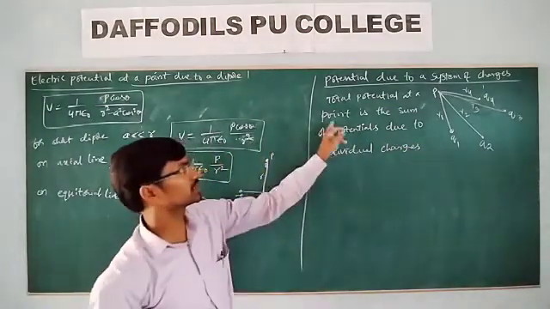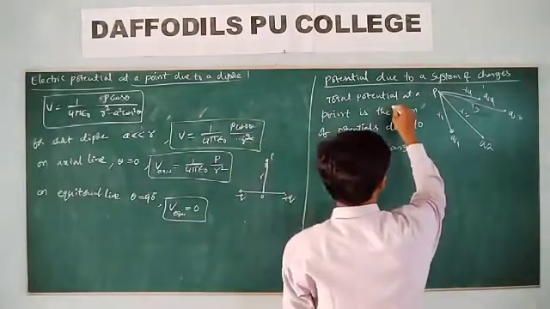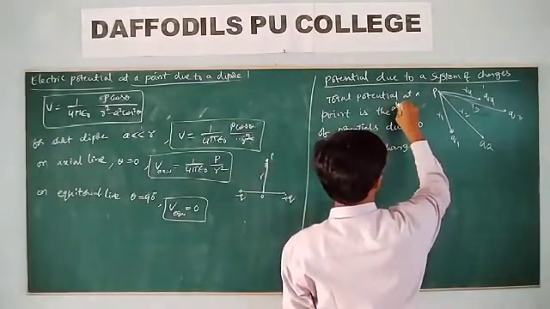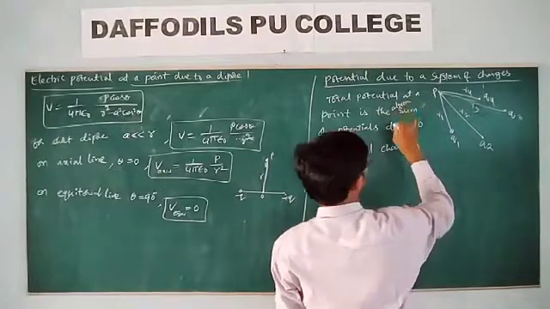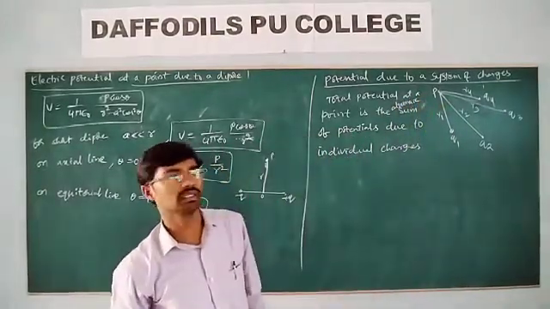Is this a vector sum or an algebraic sum? Just an algebraic sum of the potentials due to all the charges.